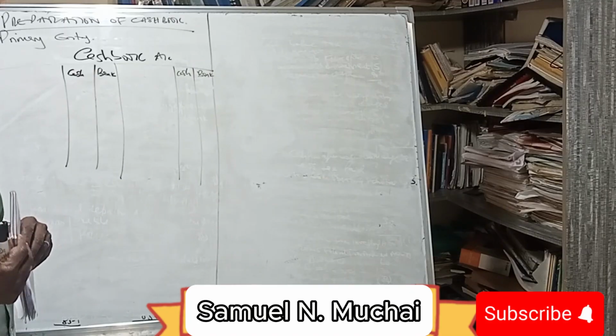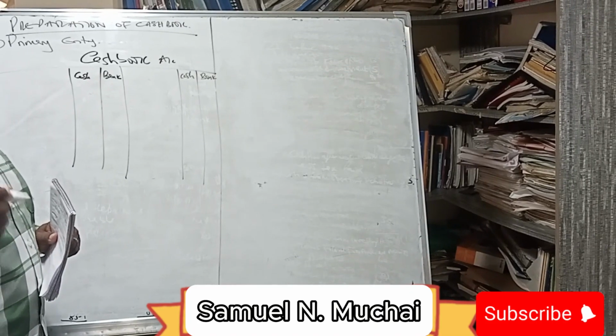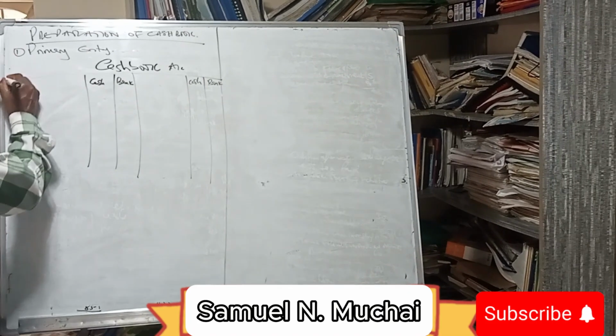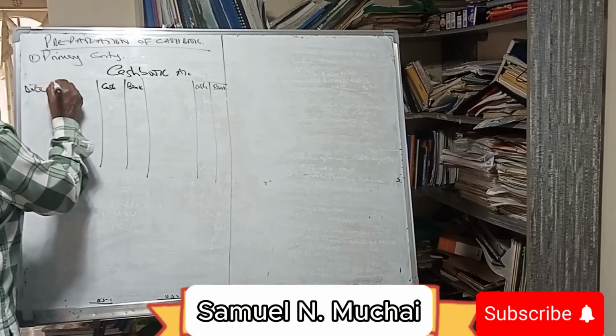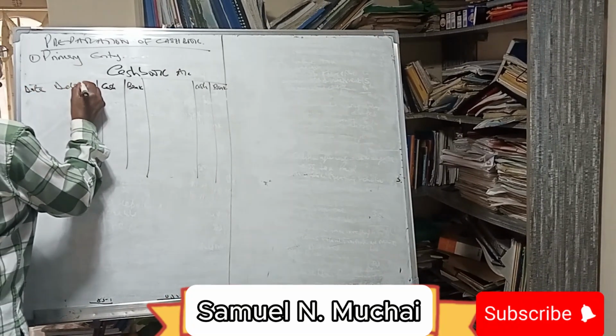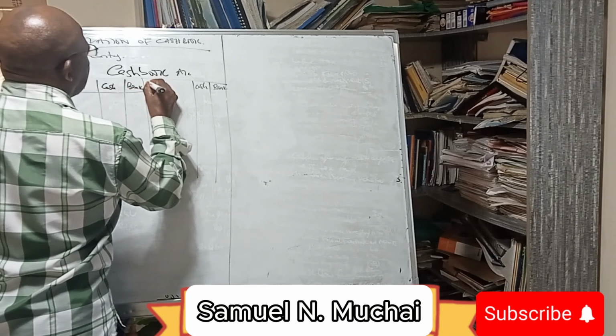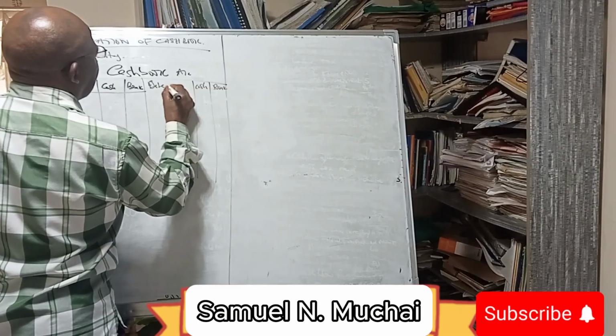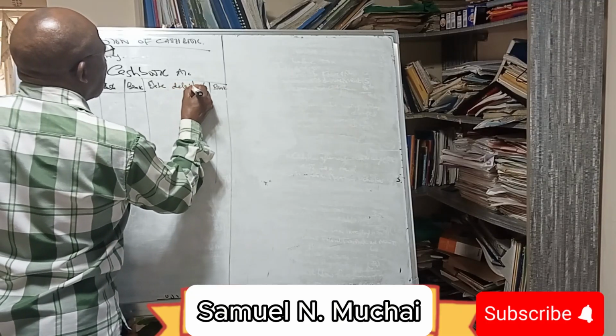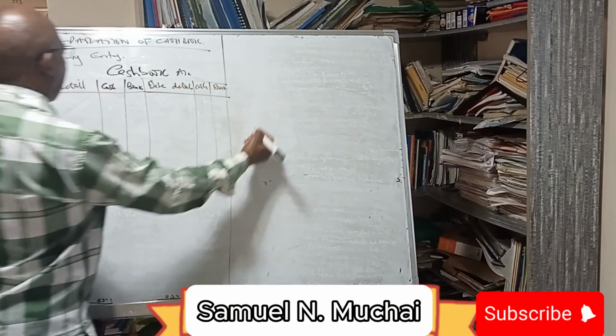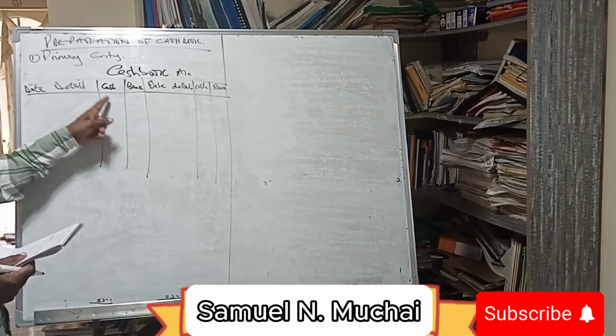So if we receive money, we come here and say date, details, cash book. The same thing here, we say date on the credit side, details, and then cash and bank.